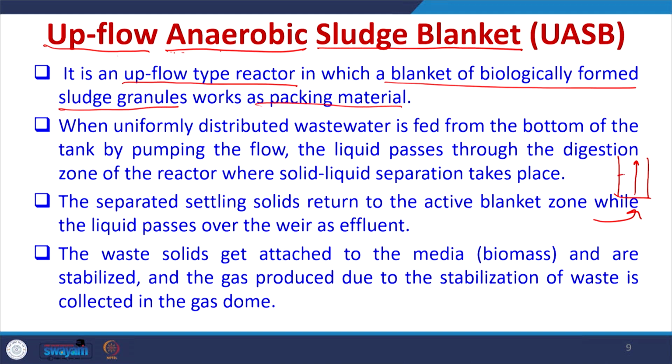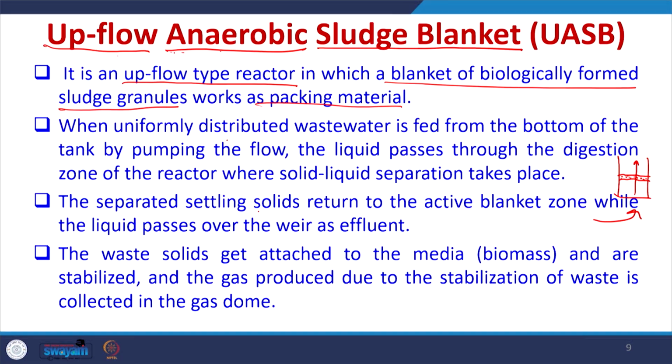So, in the UASB reactor the mechanism is such that we have a portion of the UASB reactor which has sludge in the form of a blanket. That means the density of sludge in that area is very high, and when the wastewater goes up through that blanket of sludge, the treatment happens.